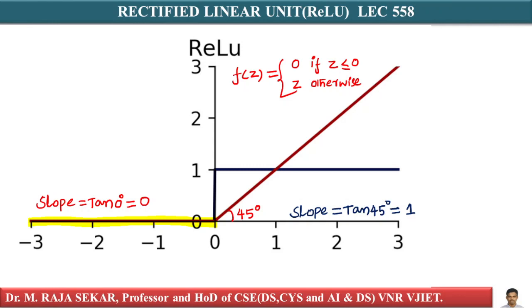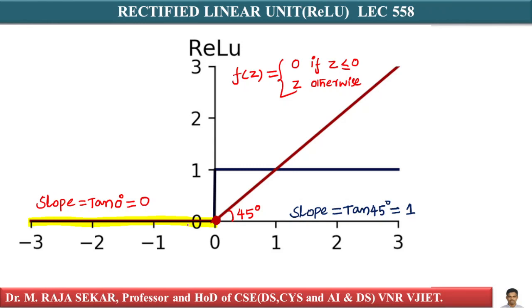There is one problem here, because the function is not continuous at the origin, isn't it? This function f of Z is not continuous at the origin. Why? Because it is not a smooth one. The ReLU activation function is not differentiable at Z equal to 0.